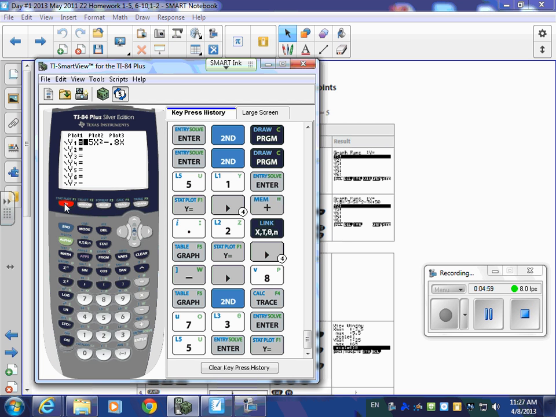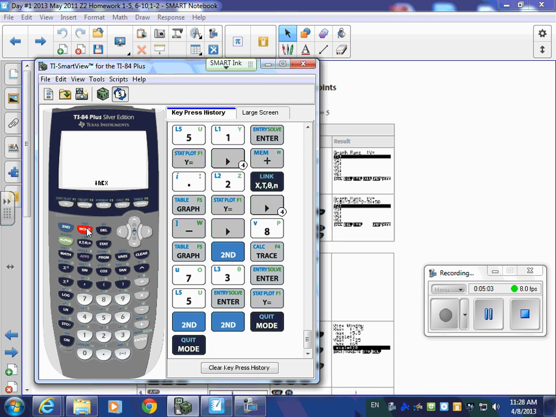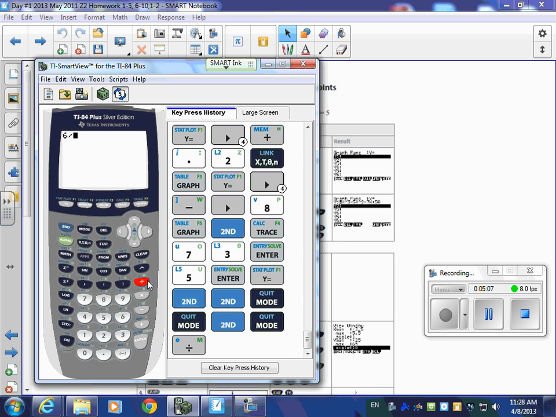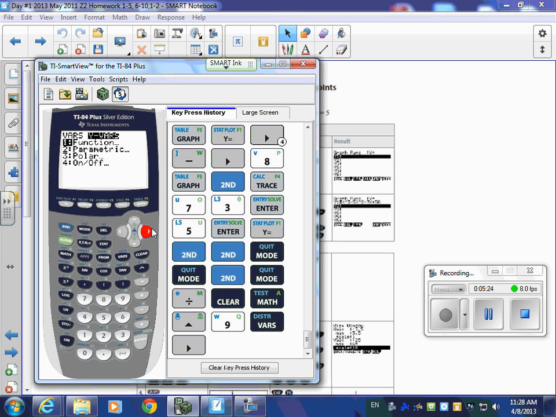But what you might do is go second quit. I call it the home screen. And what we'll do is we're going to go math, func int, it's number 9. Okay, put in that formula. I'm just going to put in y1, it's already there. Y vars function y1.